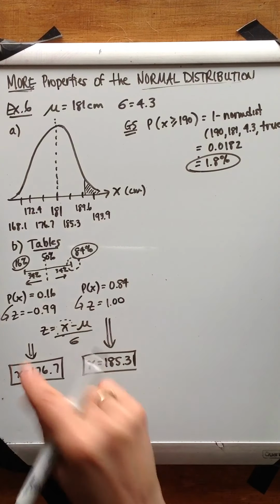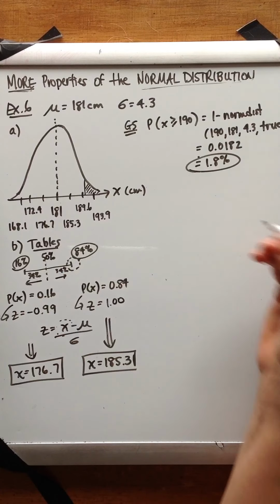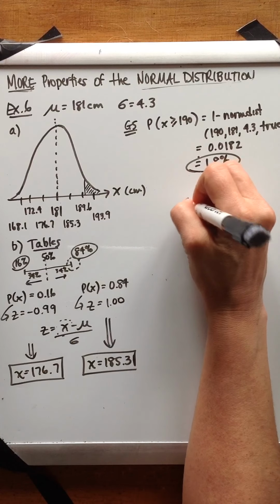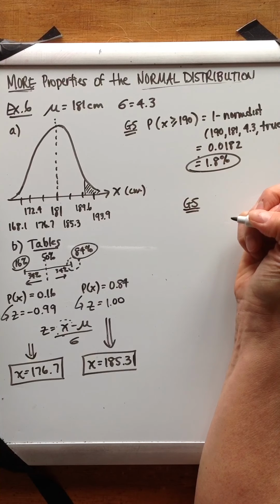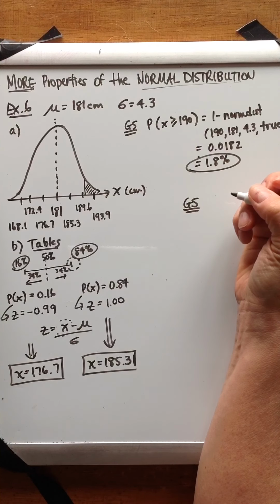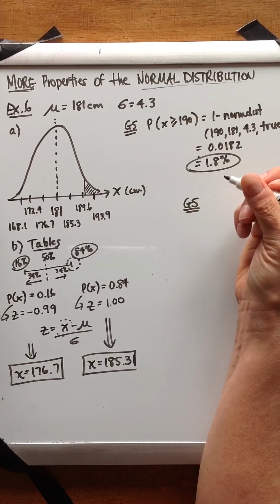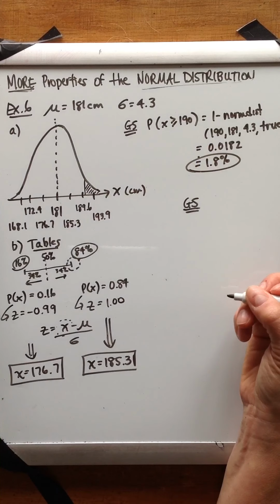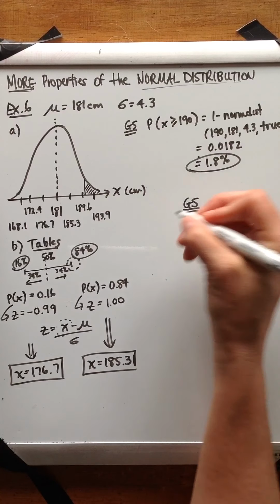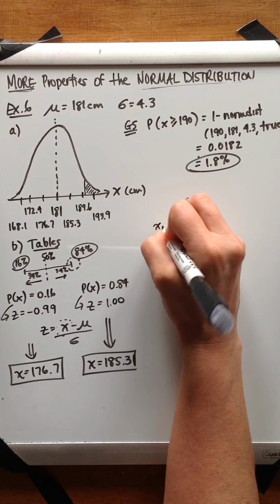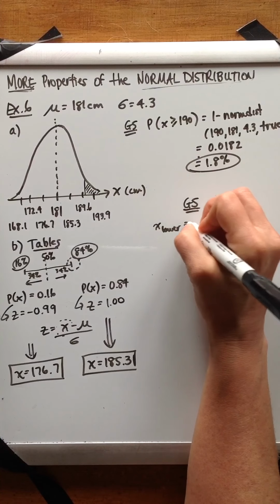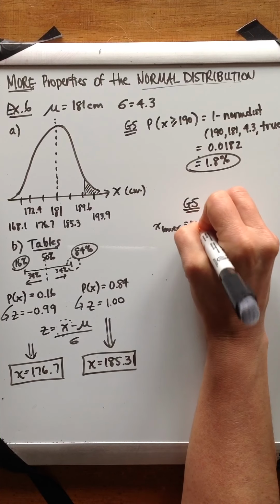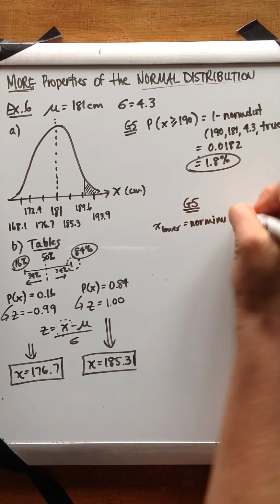So this is how we use tables to determine that. Could we use Google Sheets to do it? Absolutely. So in Google Sheets, we would need to find out what the x value is for the lower and the x value for the upper. And again, this is using that inverse function. So for the x lower, we would punch into the spreadsheet equals norm inverse.